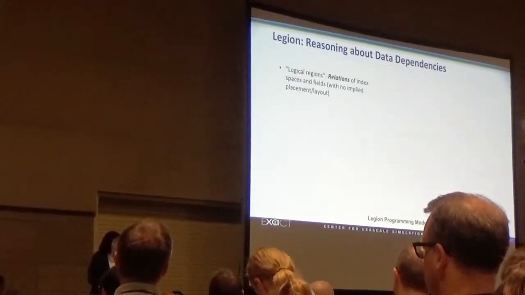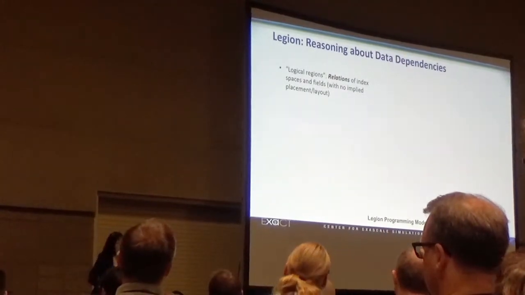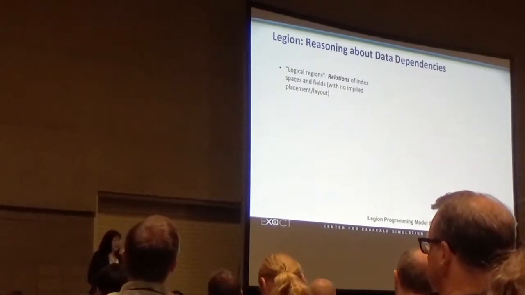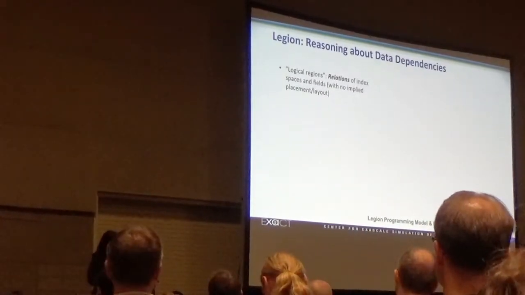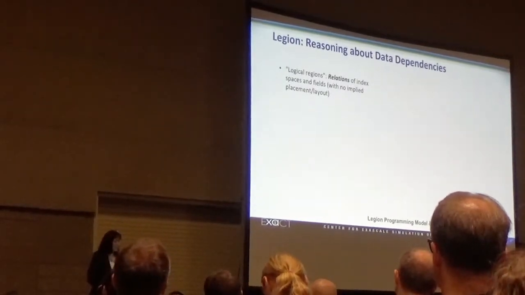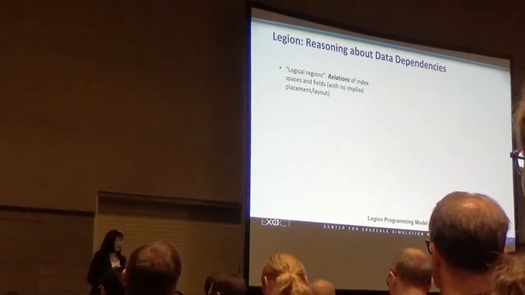So one example, and there are many of these data-centric, asynchronous task-based models out there, is Legion, which allows us to reason about data dependencies. In Legion, logical regions provide a description of the relations between the index spaces and the fields.